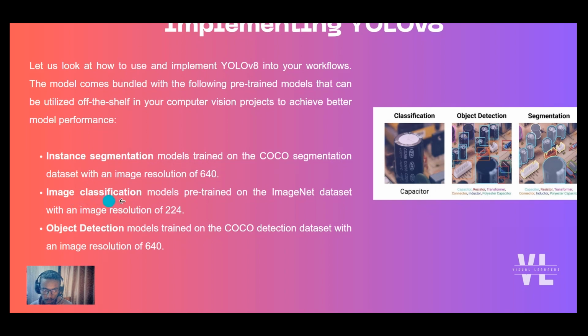It can also be used for image classification tasks for models pre-trained on the ImageNet dataset with an image resolution of 224. And it can also be used for object detection for models trained on the COCO detection dataset with image resolution of 640. So for the COCO dataset, we can do both object detection and segmentation, and we can do the classification task for the ImageNet dataset. That's how it's pre-trained, and we can use our custom dataset based on the pre-trained model.